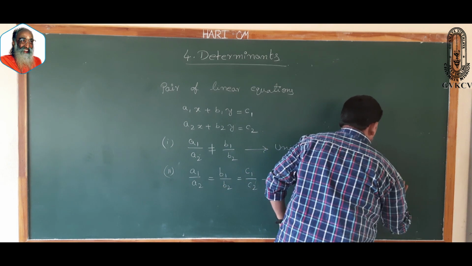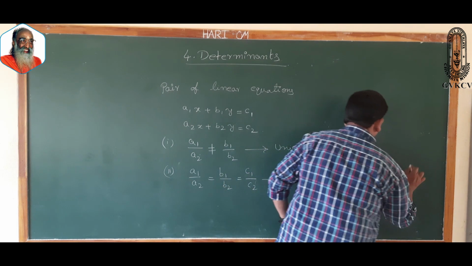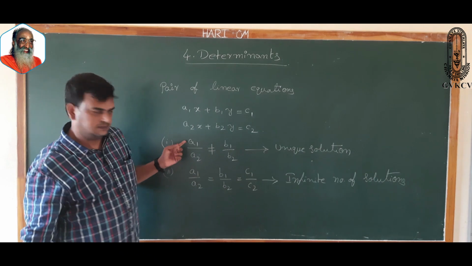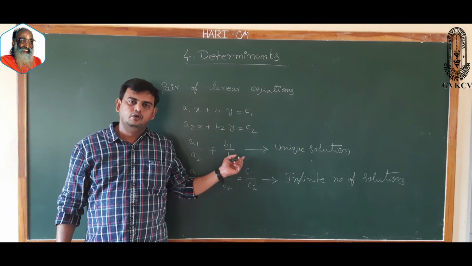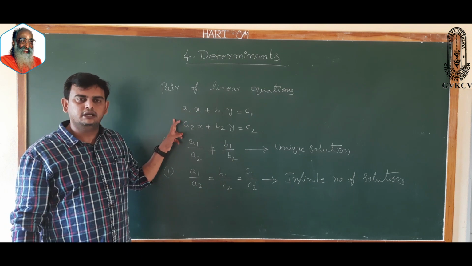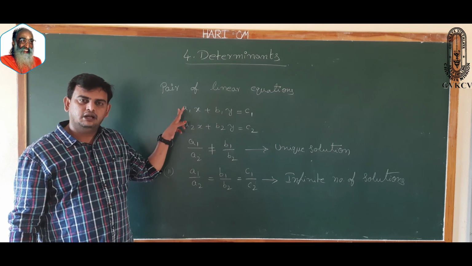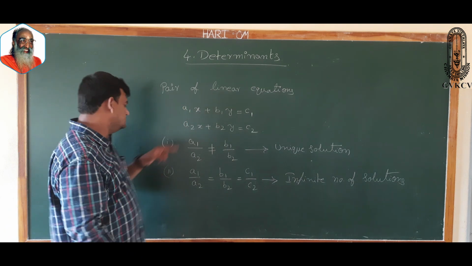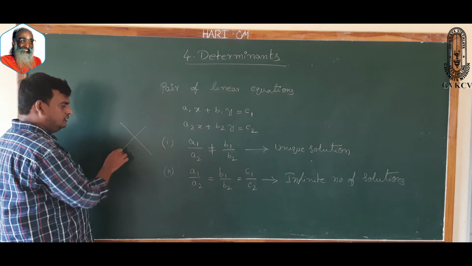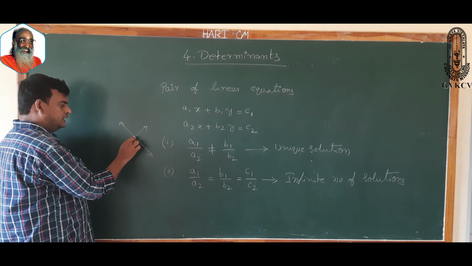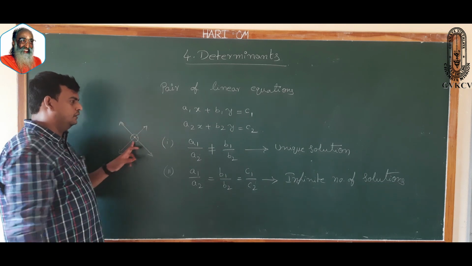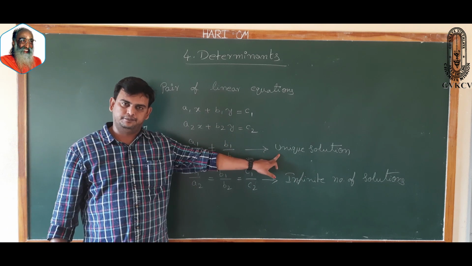In the first case, when a1 by a2 is not equal to b1 by b2, the lines are intersecting lines, intersecting at one point, so we have only one solution.